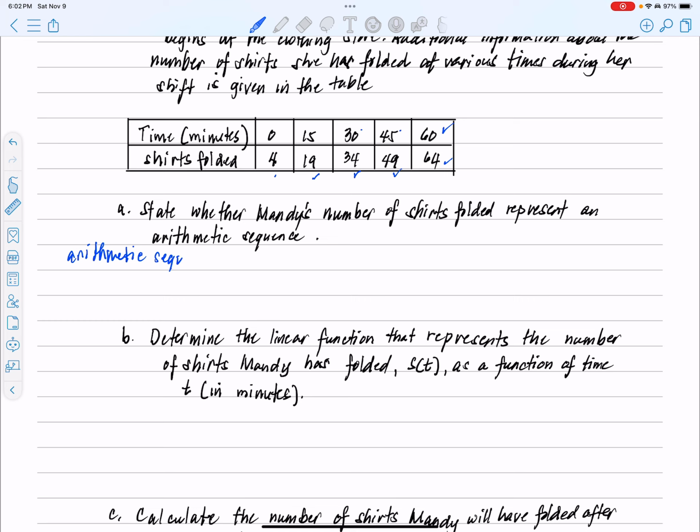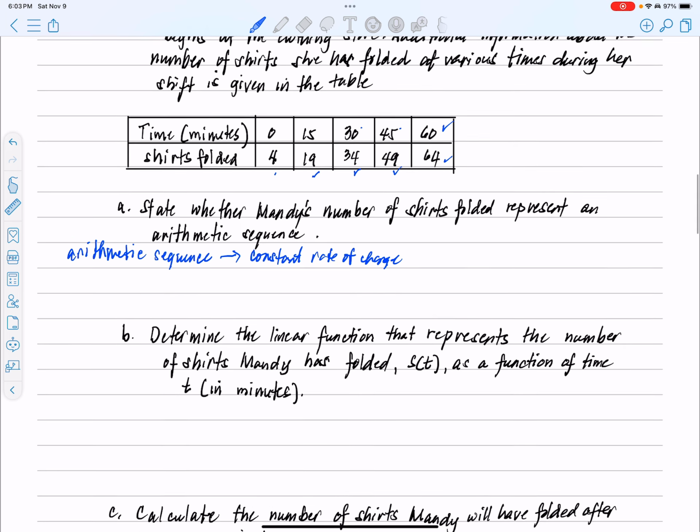So there should be a constant rate of change. So we're going to check if we have a constant rate of change here. We can compare the values in the table and see how much the total ticket sales are increasing by each hour.